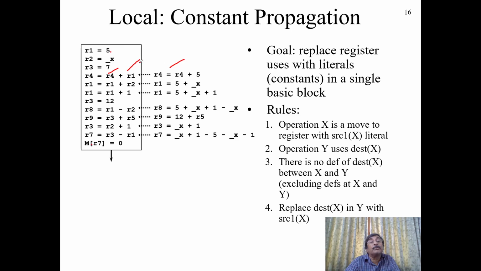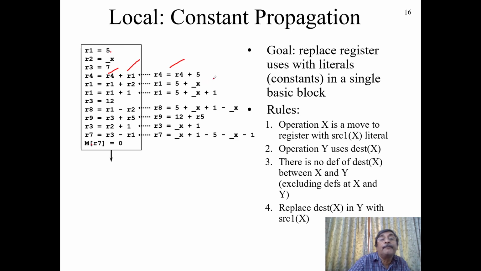Now, similarly, here you see R1 is R1 plus R2, right? But now I know that R1 is 5. So I can write R1 is 5 and R2 is _x, right? So what I can do, I can write 5 plus _x.